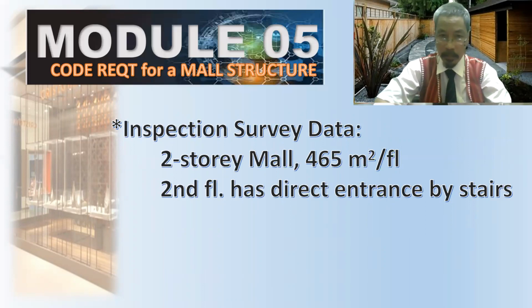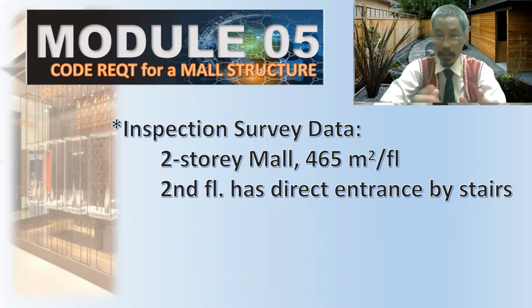So a team of staff instructed by the designer go into the project, go into the place and make the inspection survey. And the data are the following. The mall is a two-story with the area under consideration, 465 square meter per floor.